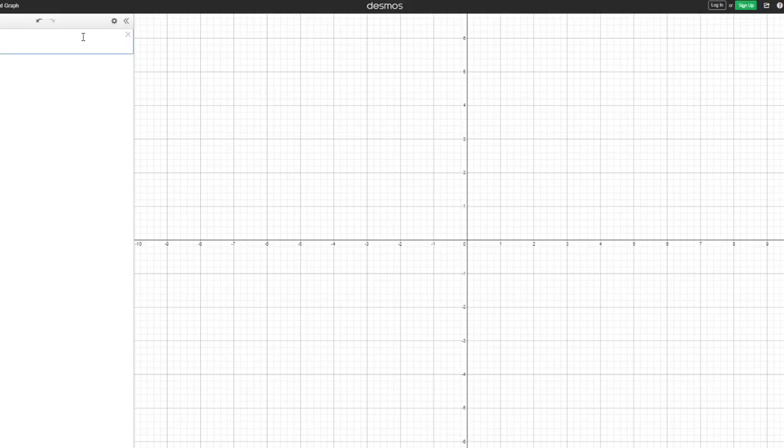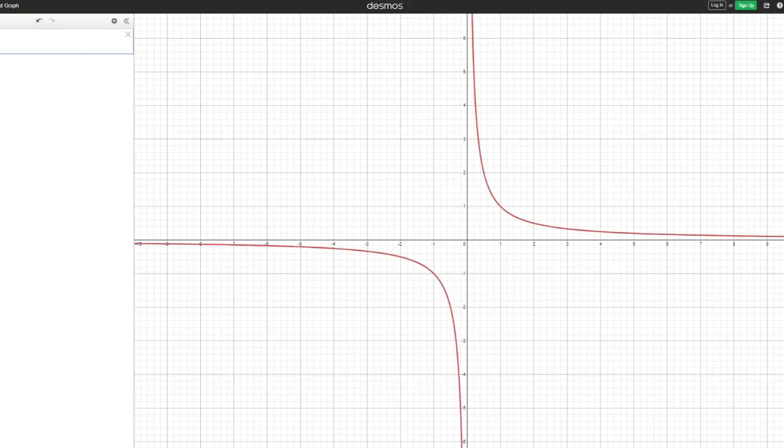The function is 1 over x in this particular case, so geometrically, we're trying to compute the area under the curve, under the graph of 1 over x, when x is from 0 to 1.